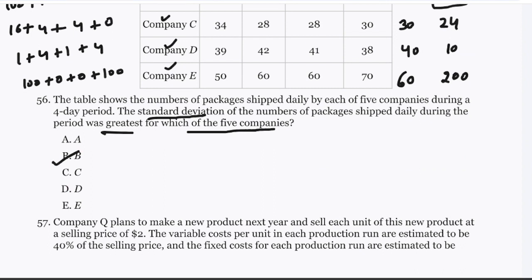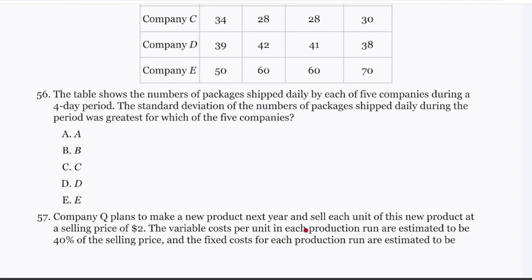Next question, 57. What is the answer to 57? The 57th question says company Q plans to make a new product next year and sell each unit of this new product at a selling price of $2.